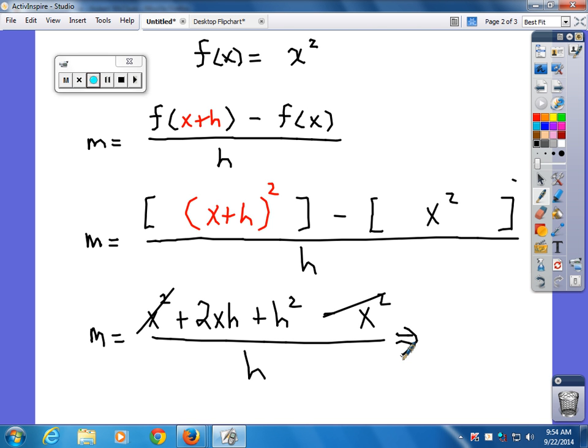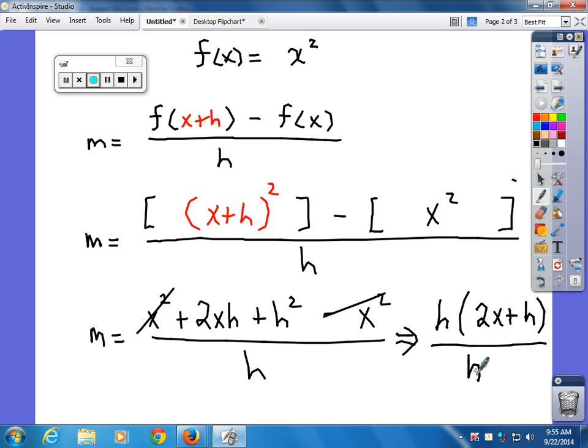So we got, what's in common here? And this is going to happen mostly all the time in your calculus class. An h will factor out. So h times 2x plus h over h.